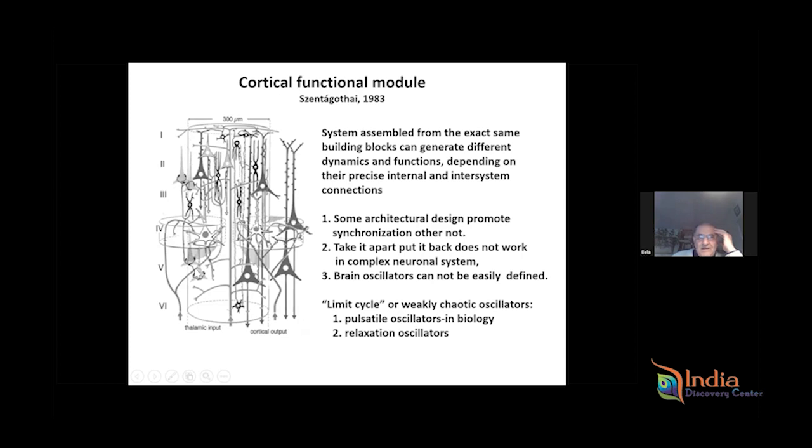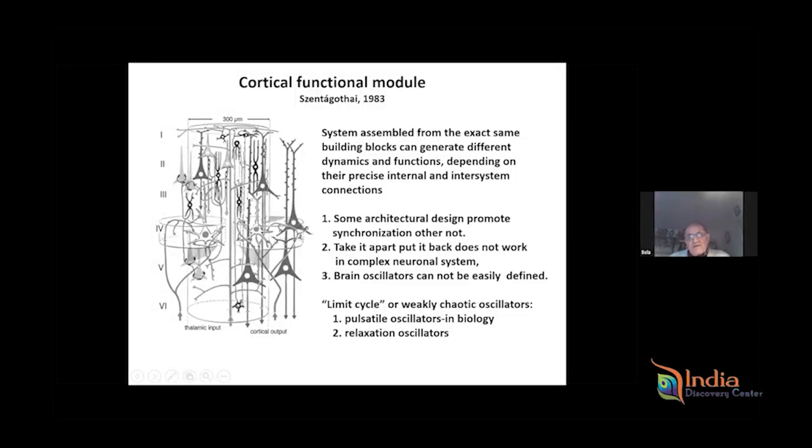One part is here, which accepts the afferent, incoming information, and the right side is the efferent information, which has been cooked inside this functional module and goes out to the other functional columns.